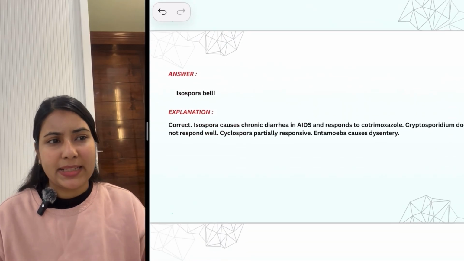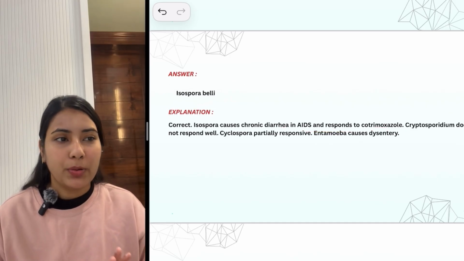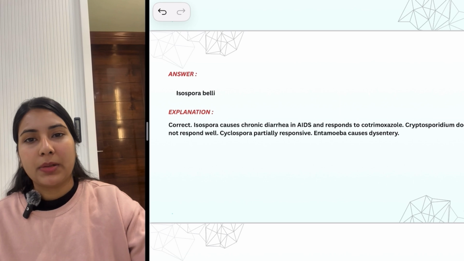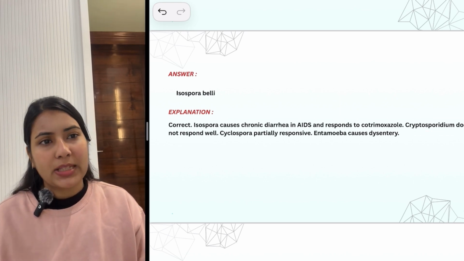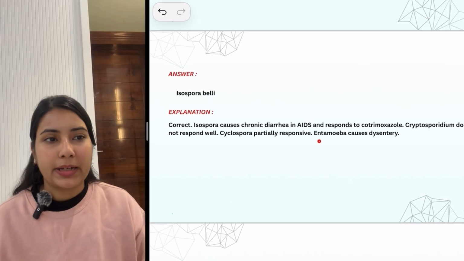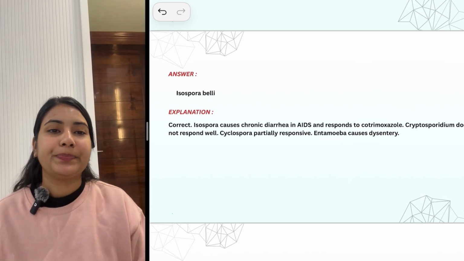It is responding to cotrimoxazole because the Spora brothers respond to cotrimoxazole. Cryptosporidium does not respond well because the drug of choice for that is nitazoxanide, and Cyclospora is partially responsive to it, right? And Entamoeba causes dysentery, right?